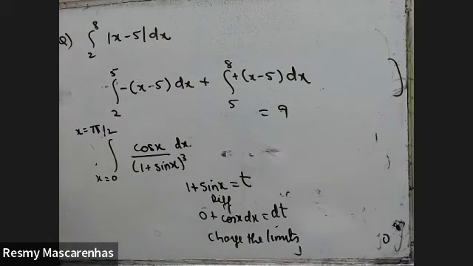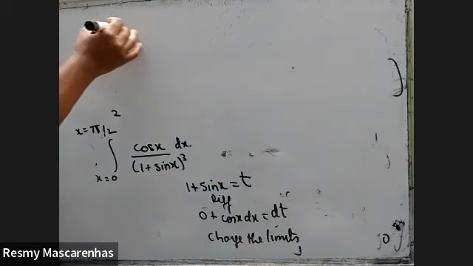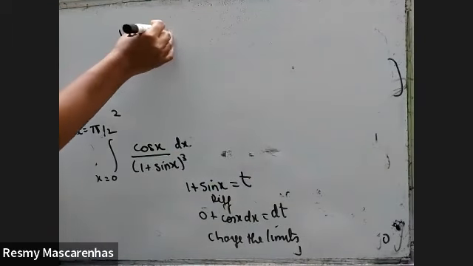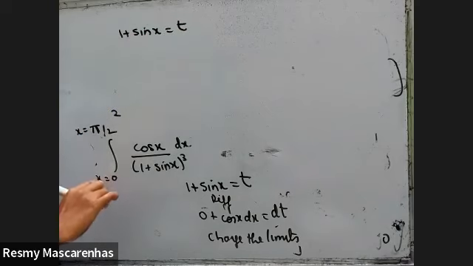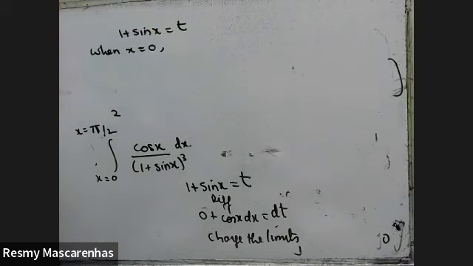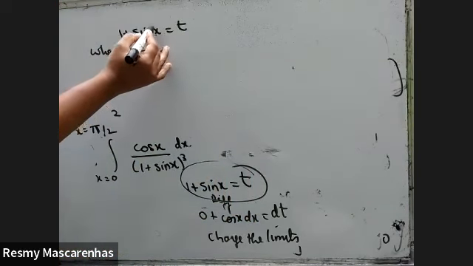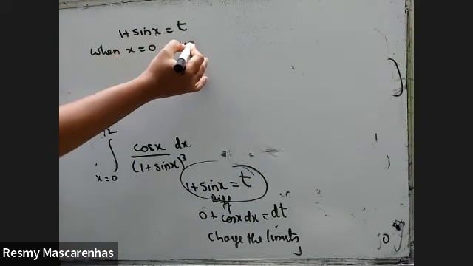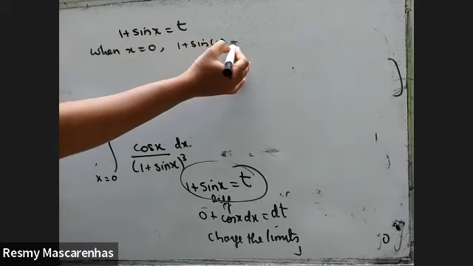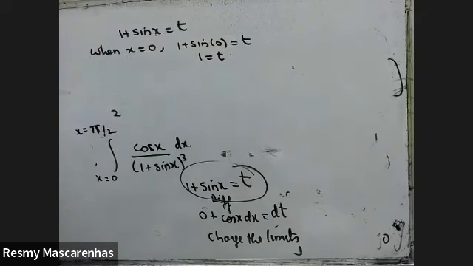So we will see what is the value of t. What was the substitution? 1 plus sin x was equal to t. So we'll see when x is equal to 0, what is the value of t. So put x equals 0 here and see. Sin 0 is 0. So when x is equal to 0, t is 1.